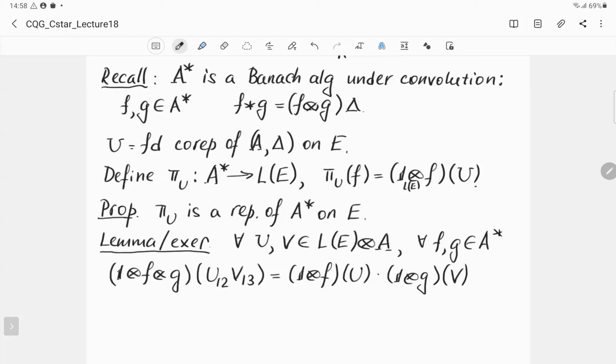To check this formula, it's enough to prove this in the case where U and V are elementary tensors. And if they are elementary tensors, then the proof is just a straightforward computation. Very easy. Okay, now we can prove the proposition.